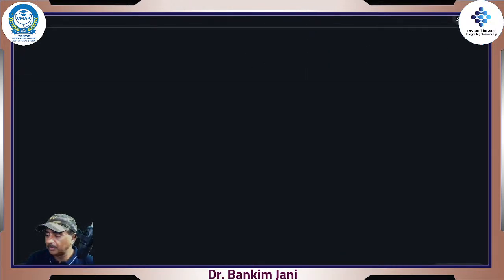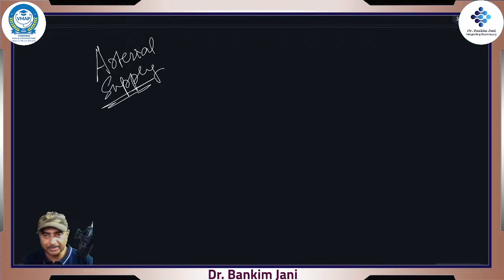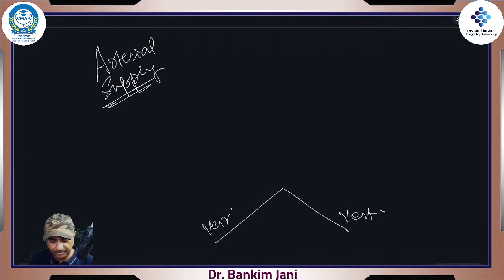So, for clinical understanding, we need to know about the arterial supply. It's pretty simple. We know this is the vertebral, both the vertebrals, right and left. They form the basilar.